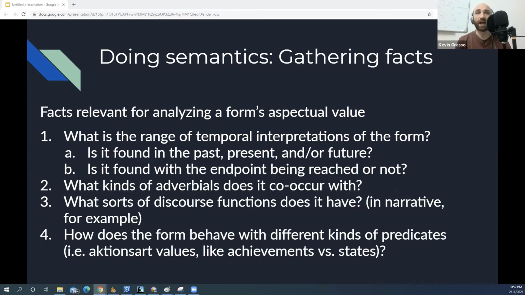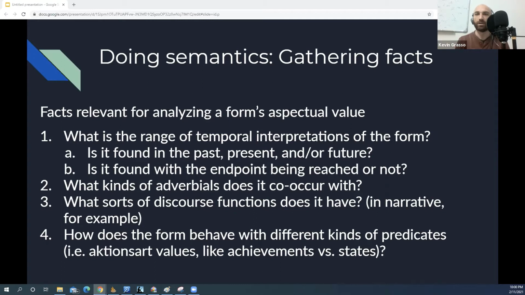And then finally, how does the form behave with different kinds of predicates? Let's take a particular kind of predicate, like an achievement or a state, and run it through and see all the different interpretations we get with that verb form, right?